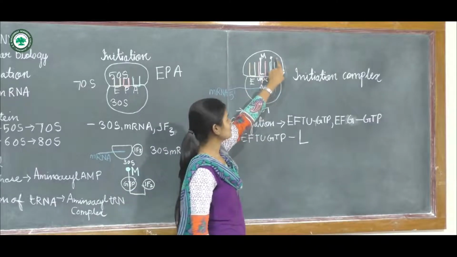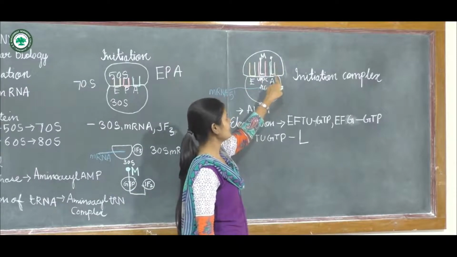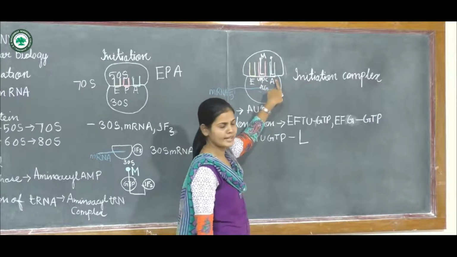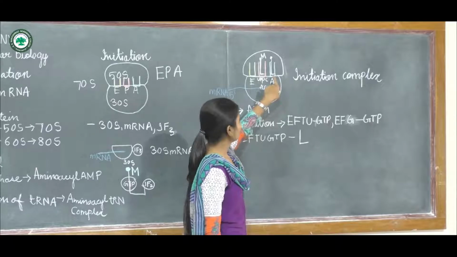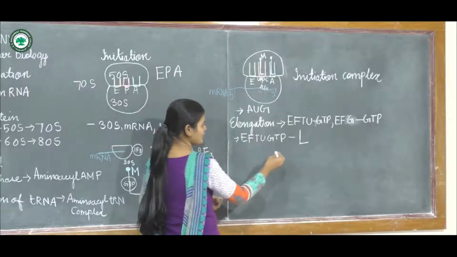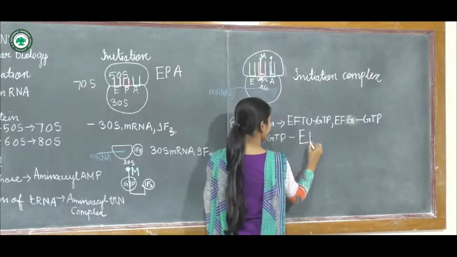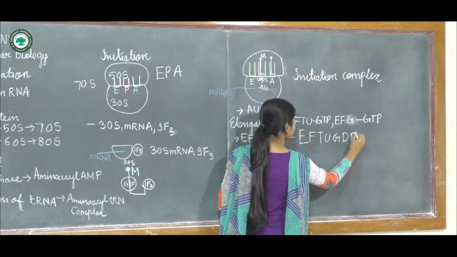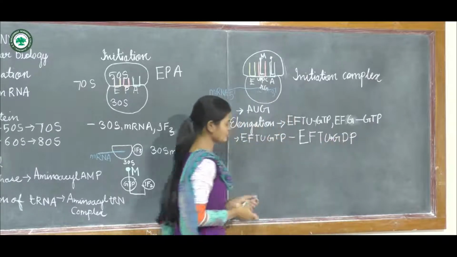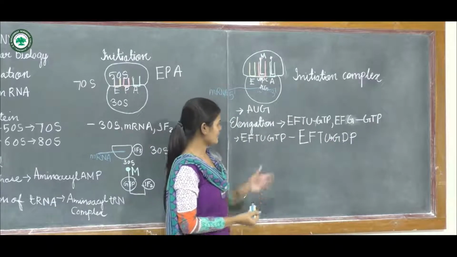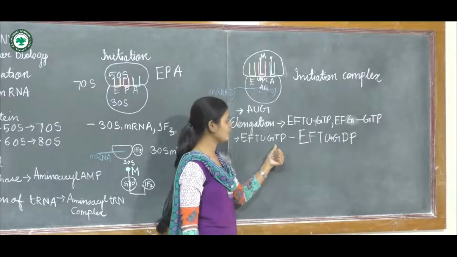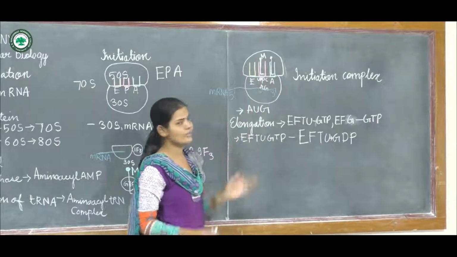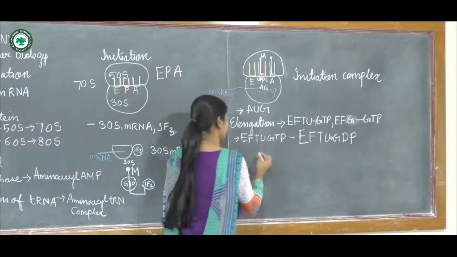So as the tRNA comes, the anticodon and codon interaction will take place in the A site. Now what will happen? This EF-Tu GTP will convert into EF-Tu GDP, and after this GTP conversion into GDP, what will happen?